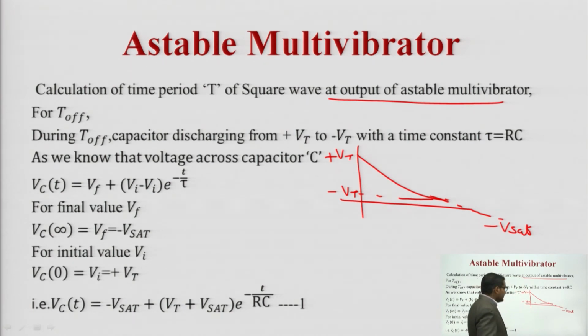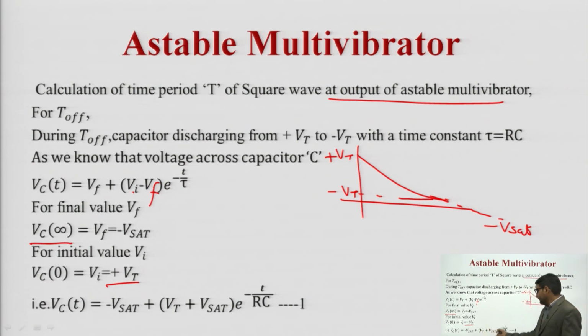We know that the voltage across the capacitor is Vct equal to Vfinal plus (Vinitial minus Vfinal) e to the power minus t by tau. For the final value, Vc final equals minus Vsat, and the initial value Vc(0) equals plus Vt. So Vct equals minus Vsat plus (Vt plus Vsat) e to the power minus t by tau, where tau is the time constant RC.